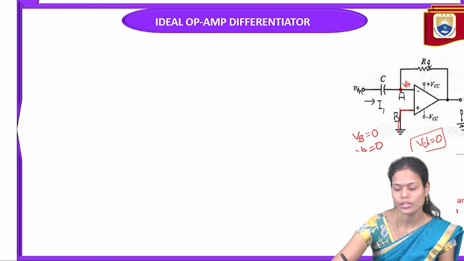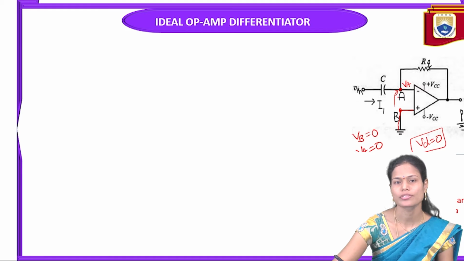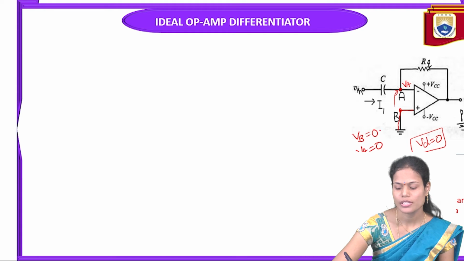So whatever value is there here, the same thing will appear here. That's why virtually it is appearing at this terminal also, and that's why we call this the virtual ground concept. So in this case, both VA and VB, the voltages at the inverting as well as non-inverting terminals, are 0.